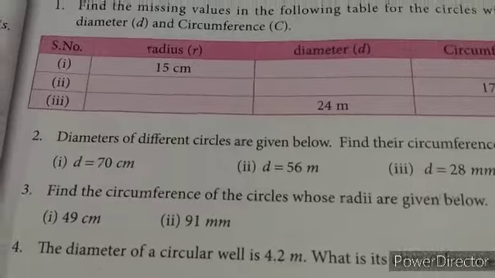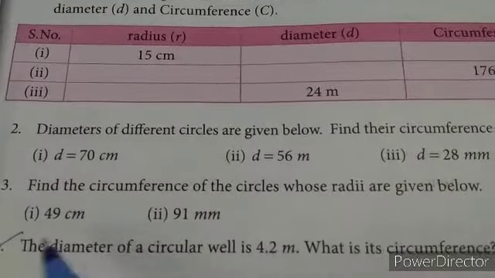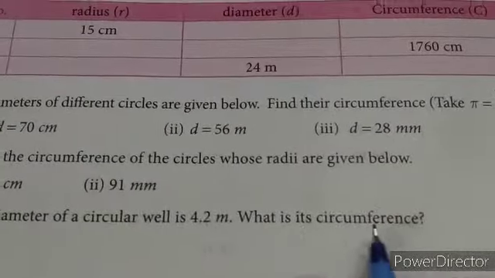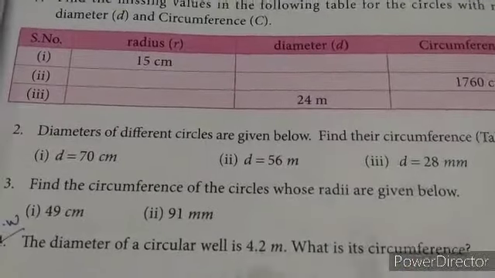Question number 4, you can try as your homework sum, students. Here the diameter is given. You are going to find the circumference, same as question number 2. You can try this sum.